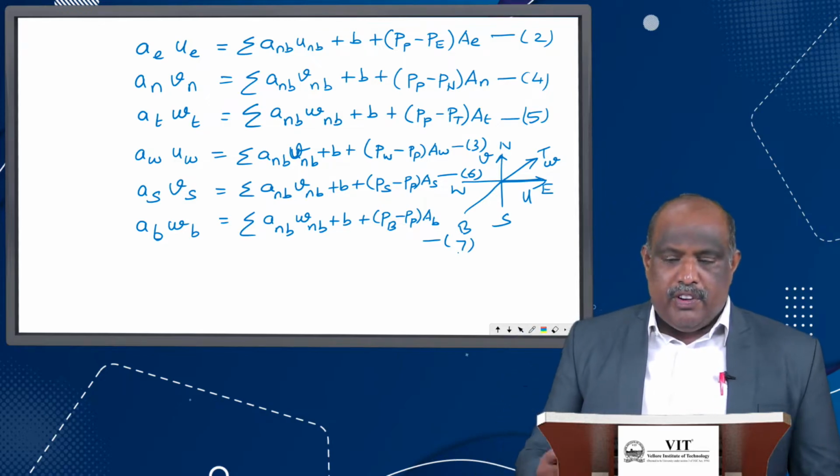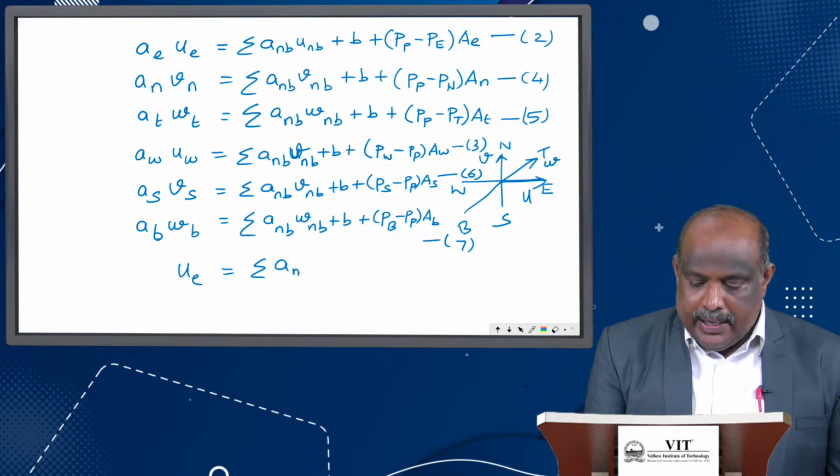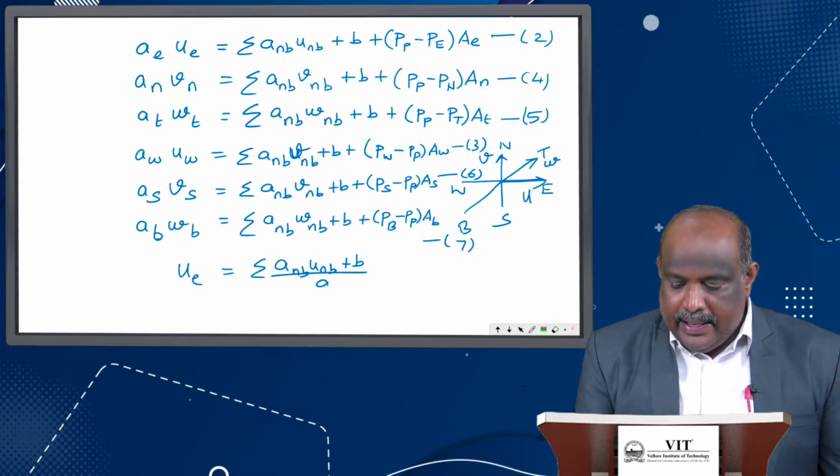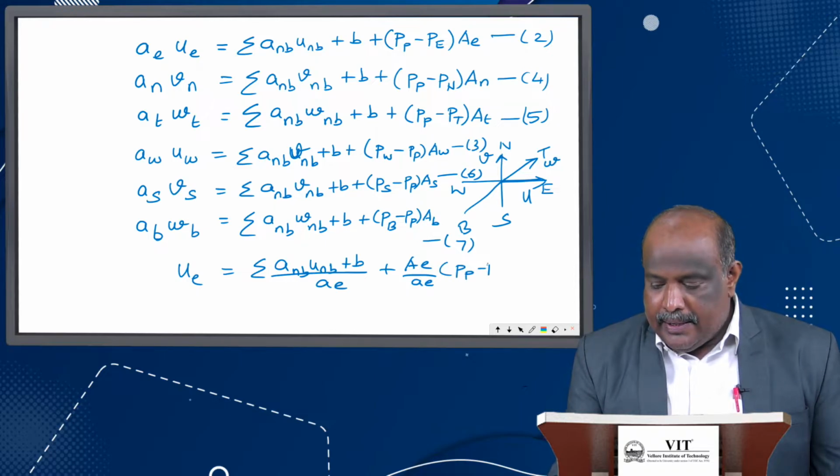From equation number 2, if you want, I can get ue equal to sigma anb unb plus b by ae plus ae by ae of pp minus pe.